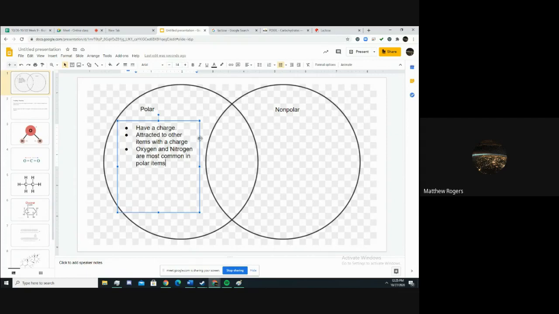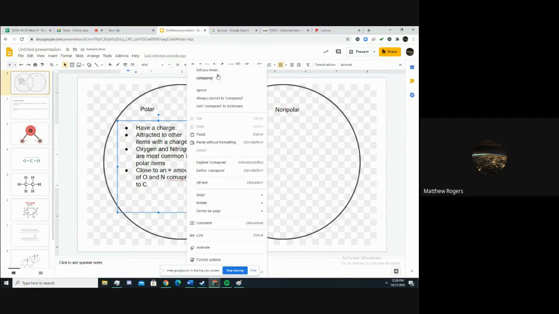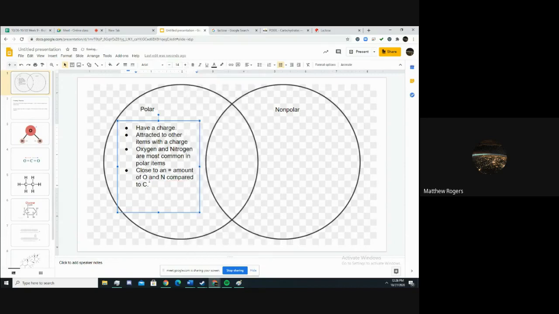And what we're trying to look for is close to an equal amount of oxygen and nitrogen compared to carbon. We're going to talk about this in a second, okay? But we need to have a close amount of oxygen and nitrogen to carbon for it to be polar.